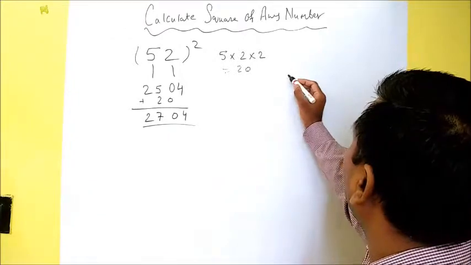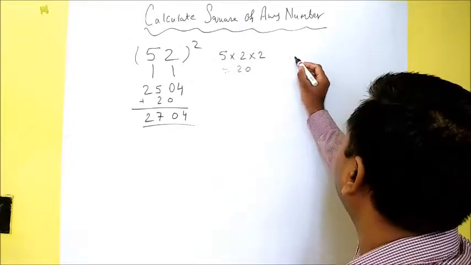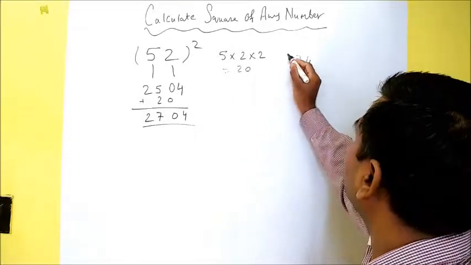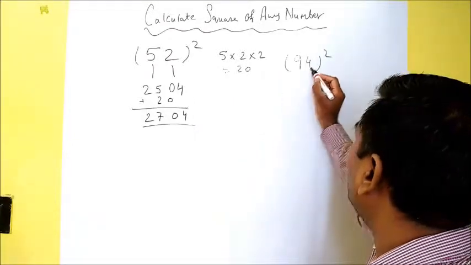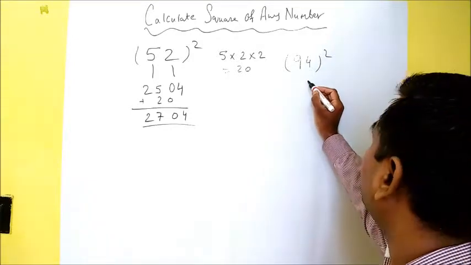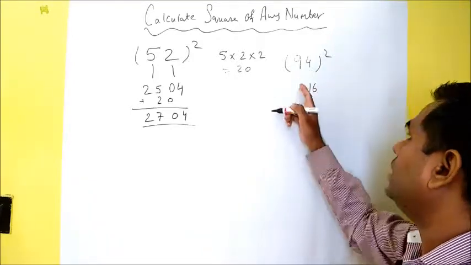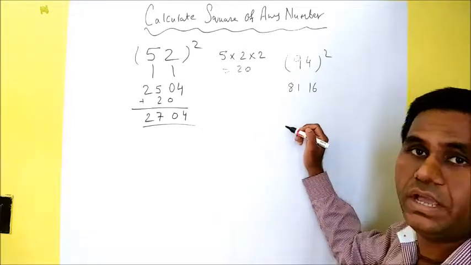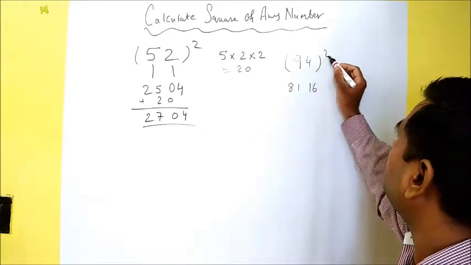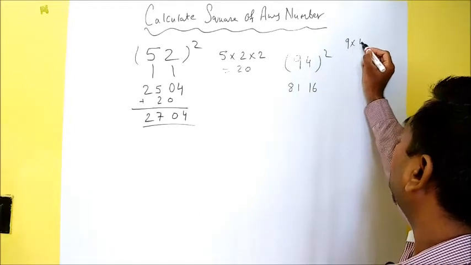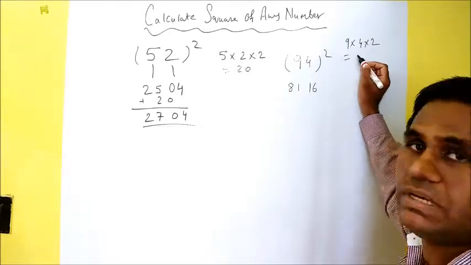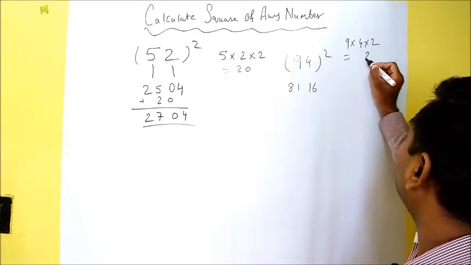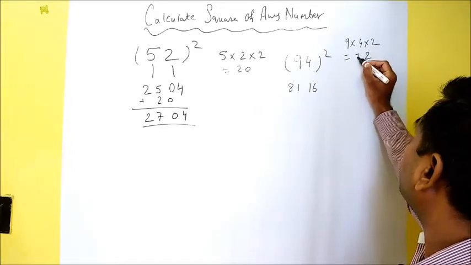Let's quickly solve one more problem. Calculate the square of 94. Same method. Square of 4 first is 16. Square of 9 is 81. Then 9 into 4 into 2: 9 4s are 36, 36 into 2 is 72.